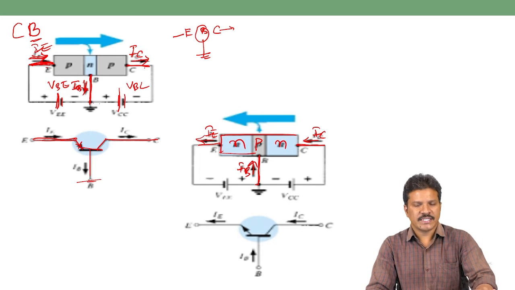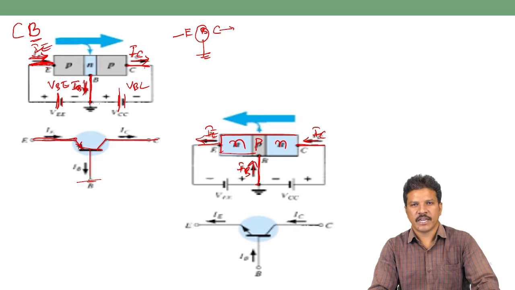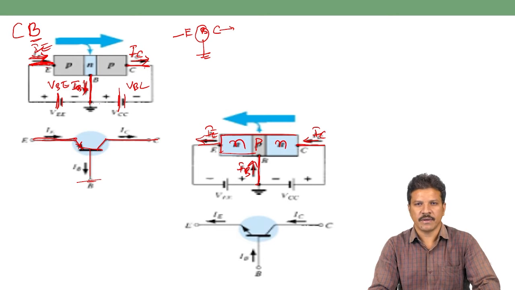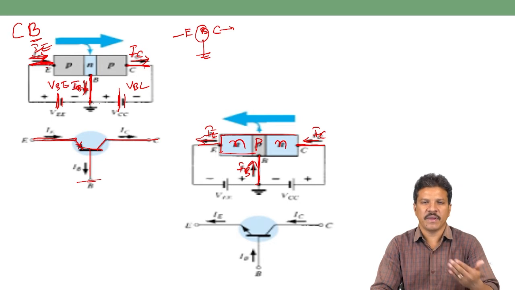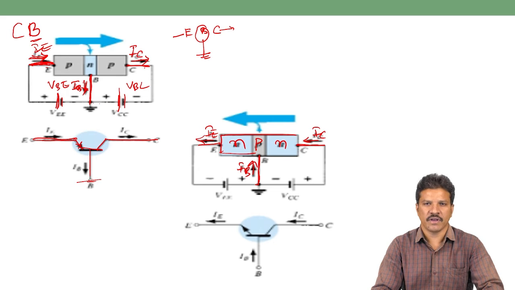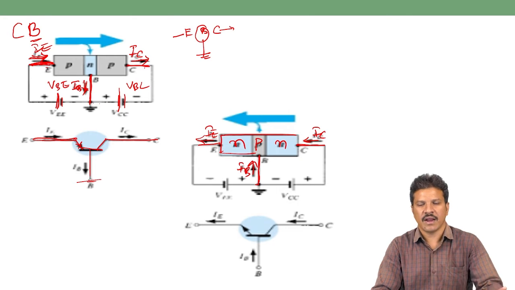So this is a simple block diagram which represents the common base configuration. But in order to understand its behavior, we have to provide proper biasing, proper resistance, voltmeters to measure the voltage, and ammeters to measure the current.